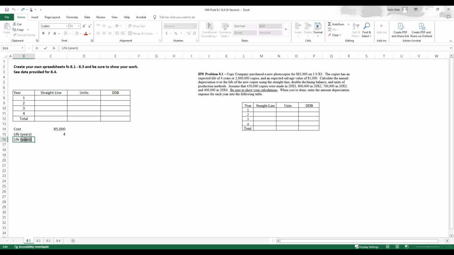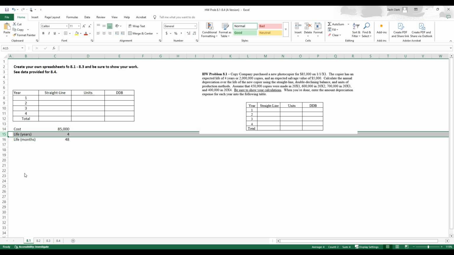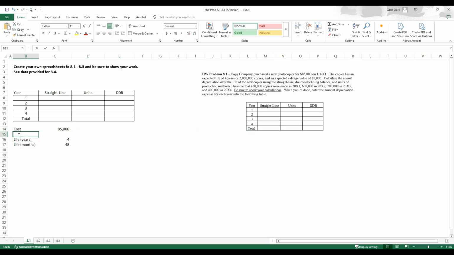Life in months, then here's where it's kind of nice too. It's pretty easy math, but once it's in Excel, we can just multiply whatever the years is times 12 to get us the number of months, so 48 months. Yeah, you know what? Let's go ahead and put the salvage value.